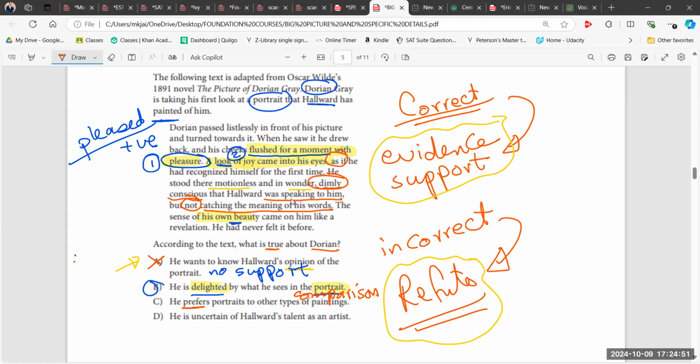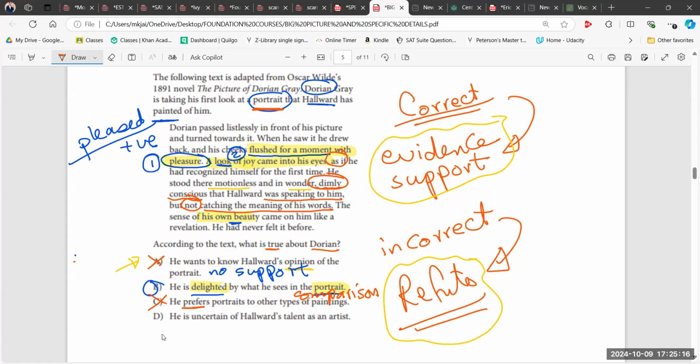Any other paintings mentioned here in the passage? No, no reference at all, no evidence. Not mentioned at all. Okay, what do I have? I've got a portrait. That's the only thing that's being mentioned. And the feelings. How does he feel about the portrait, the reflection?